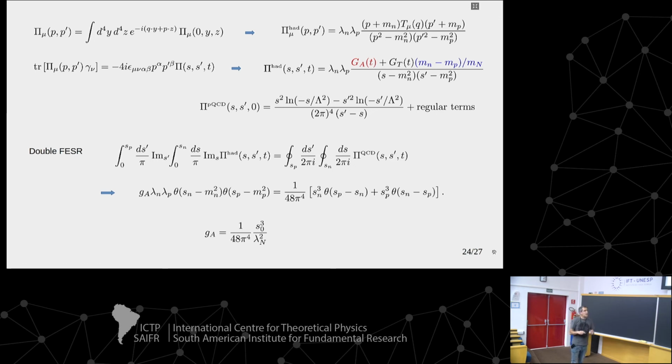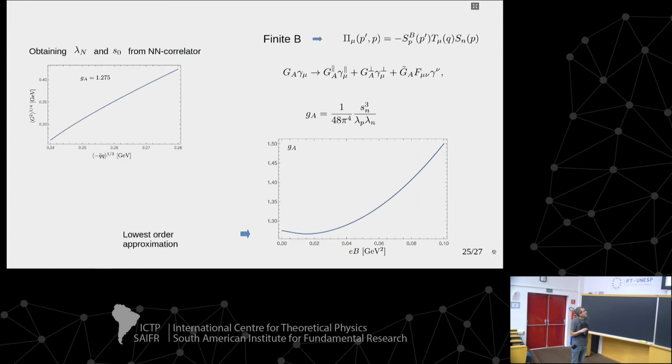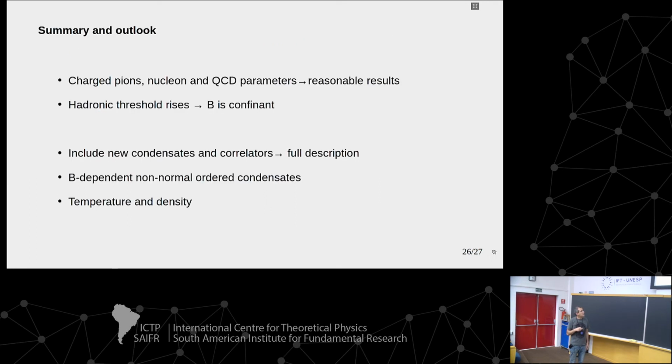So, I'm finishing. We just put the results we obtained from the nucleon channel, and this is the behavior of the axial coupling. So it increases. We have no other works to compare with, so we expect that somebody else obtains this.